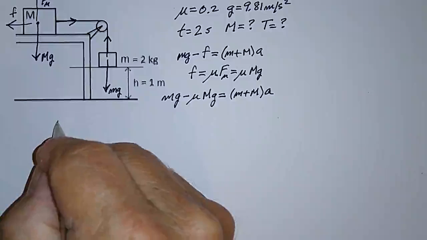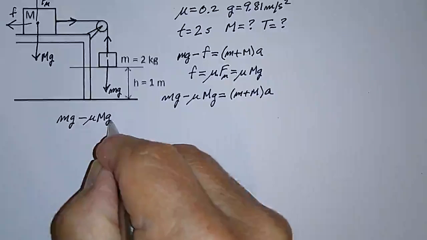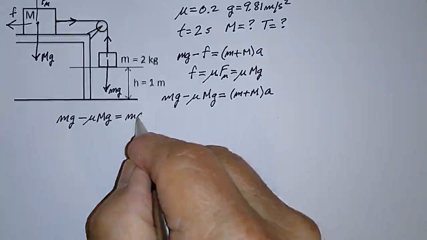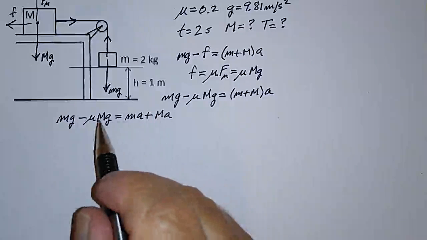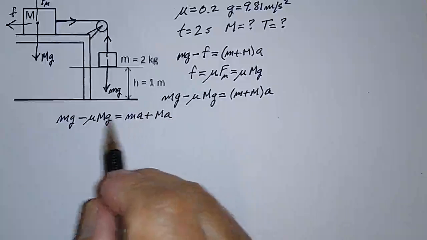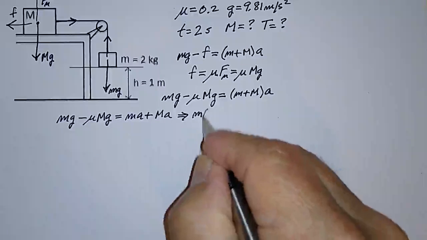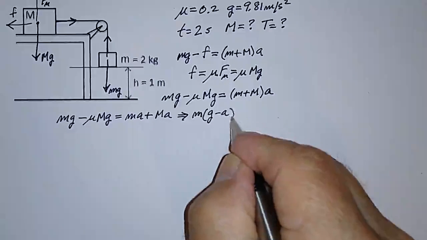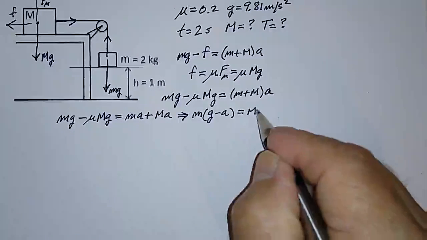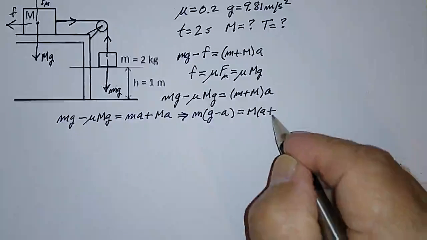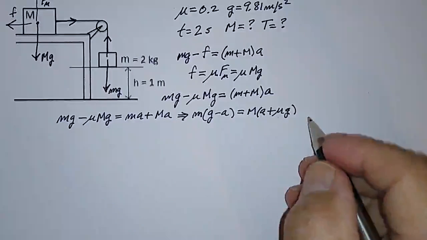So let me write it like this. Little mg minus mu big Mg is equal to little ma plus big Ma. Now I'm going to move this to this side and this to this side, and I'll write this then as little m times g minus a, moving this one over here and this one over here, means that big M times a plus mu times g, it goes on the right hand side.